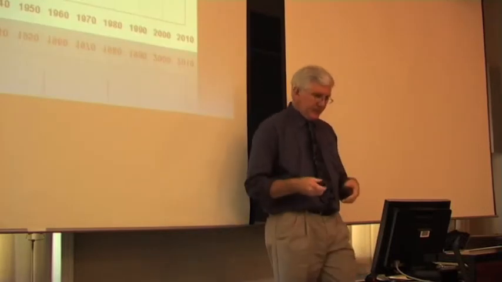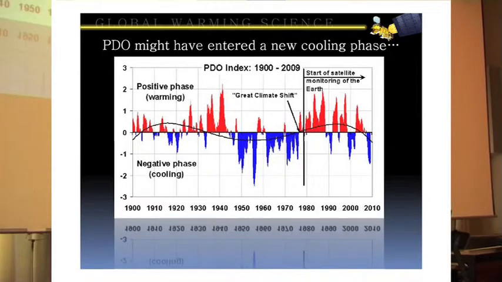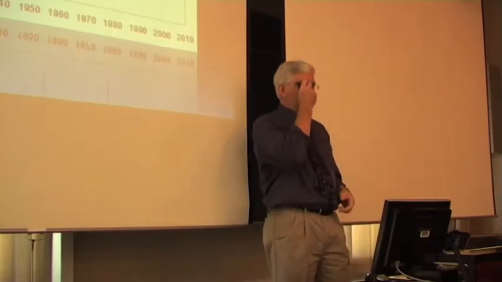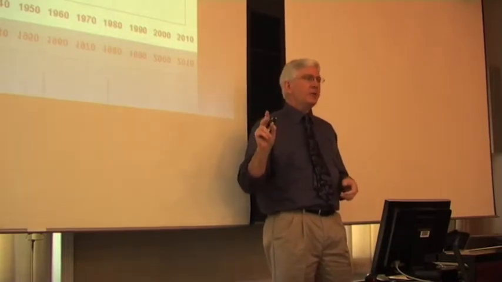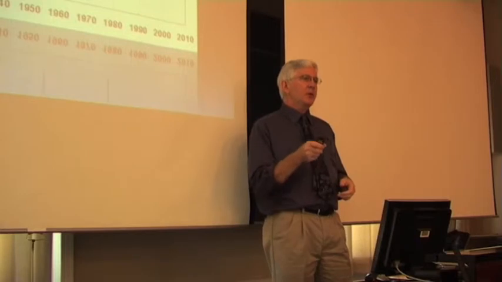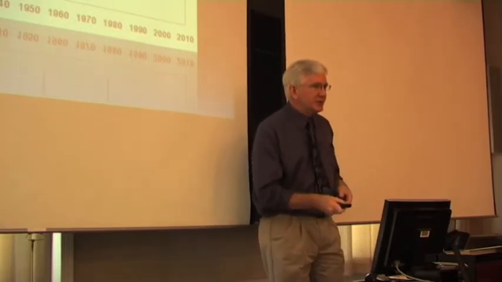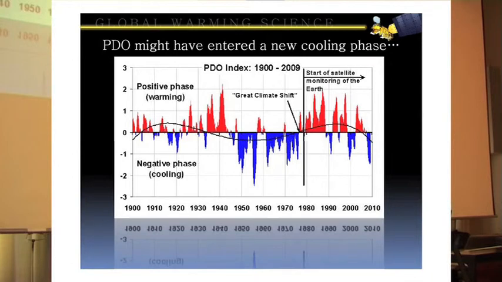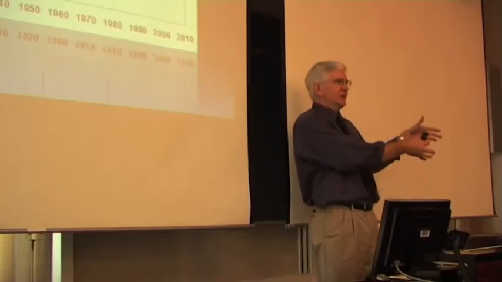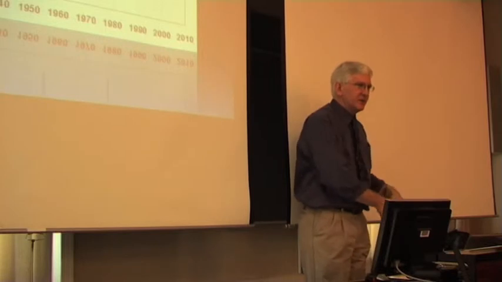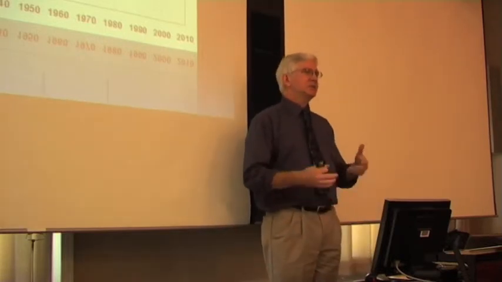Now, this is what the PDO index looked like over the last 100 years. I'm not necessarily saying this is the explanation for global warming. But it only took me a weekend, 2 days, on my home computer to come up with a possible natural explanation for global warming, while the IPCC is spending billions of dollars, hundreds of climate scientists, 24 climate models, assuming that the warming is man-made.